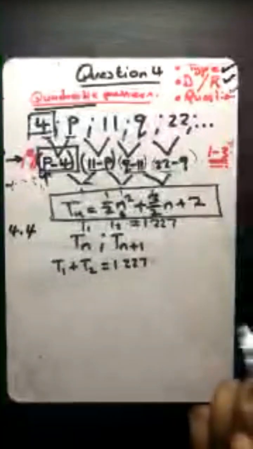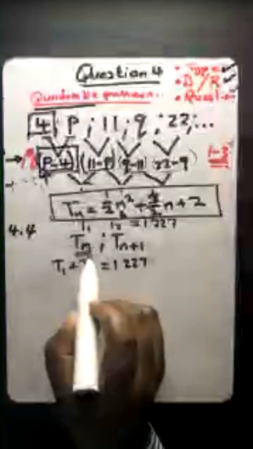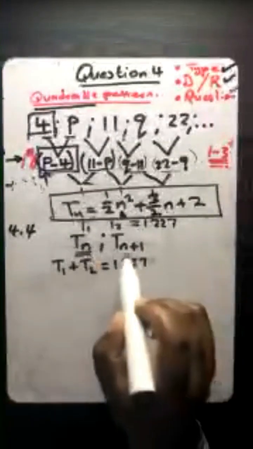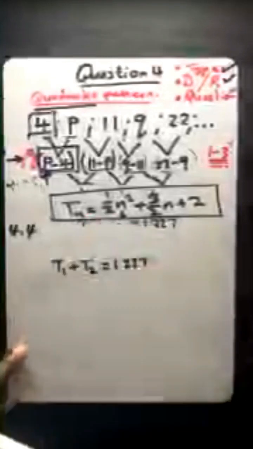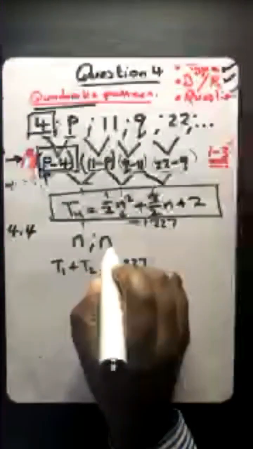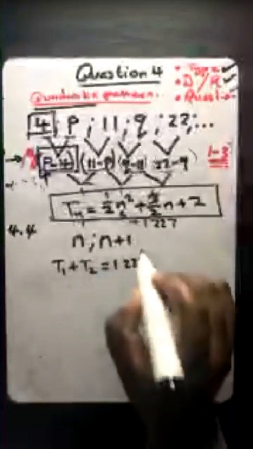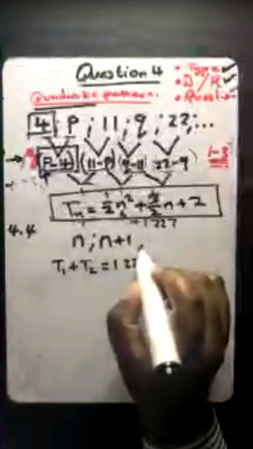For example, if that term is term number 23, there's going to be term number 24. So whatever the term number, the next term will be that term number plus 1, and so on and so on.